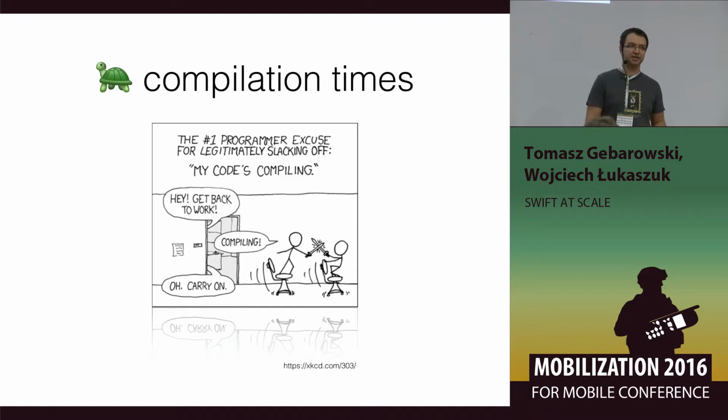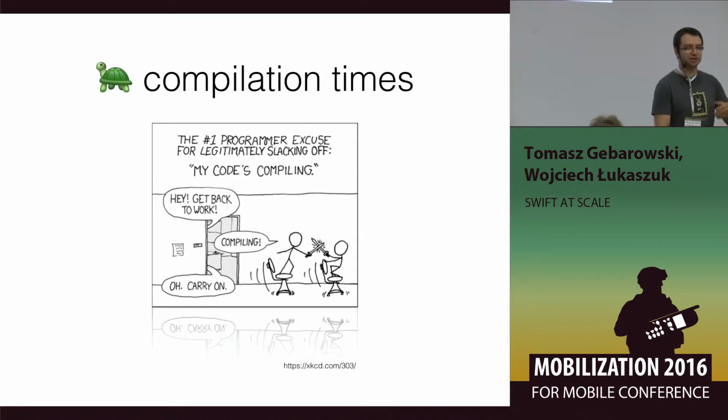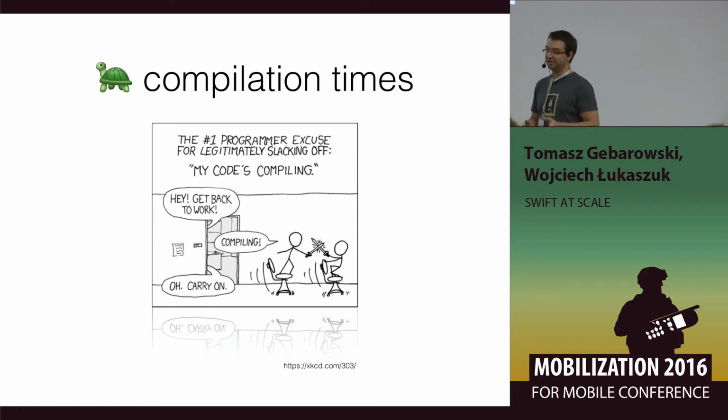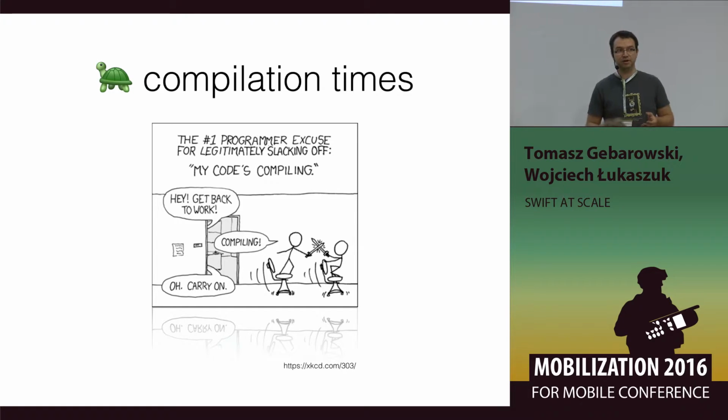But the reality is that when the compilation times are long, we are simply losing focus. It's harder to fix bugs. It's really important when we are fixing bugs, because instant feedback is really necessary for fixing a bug quickly.